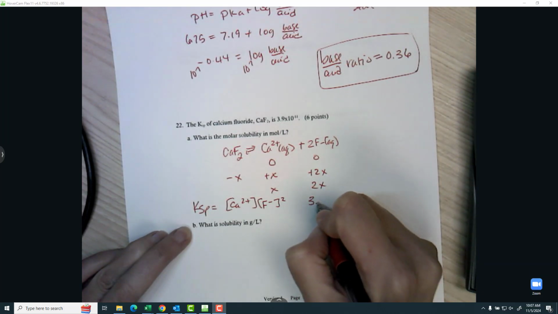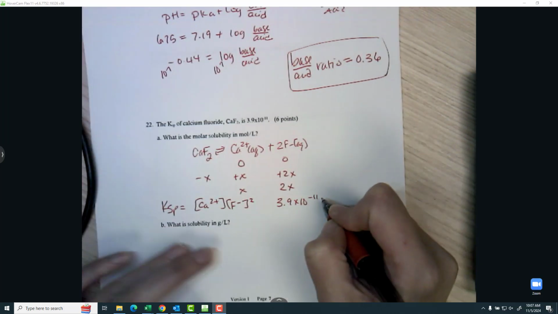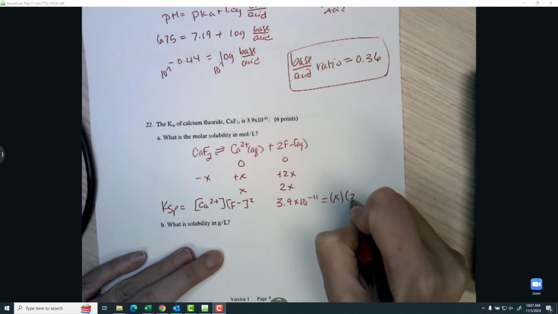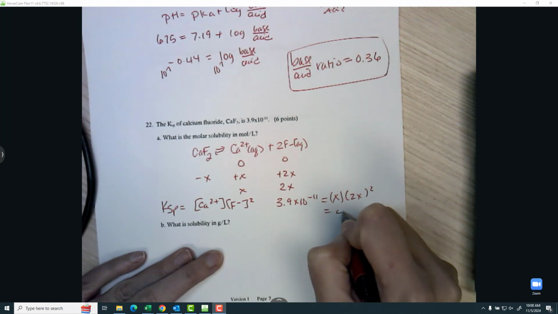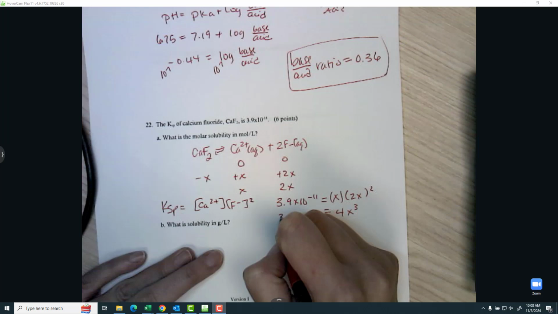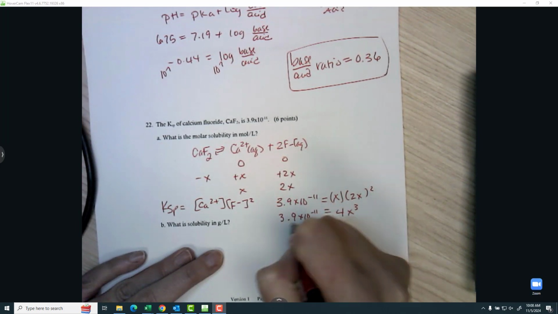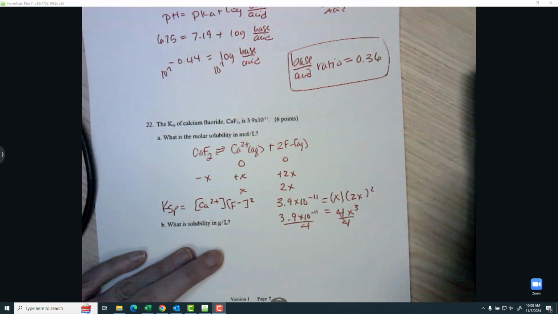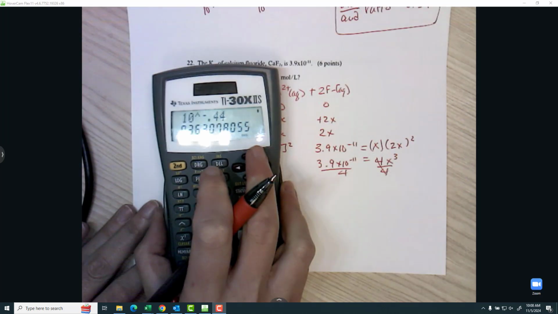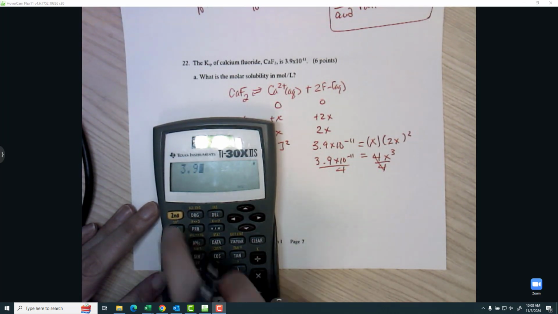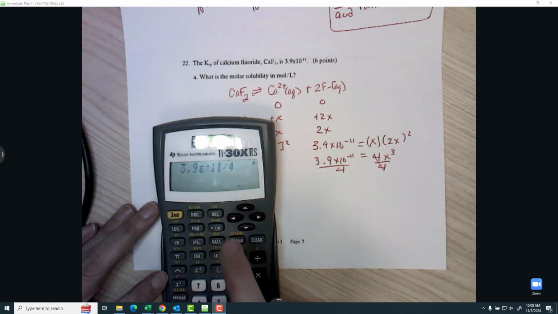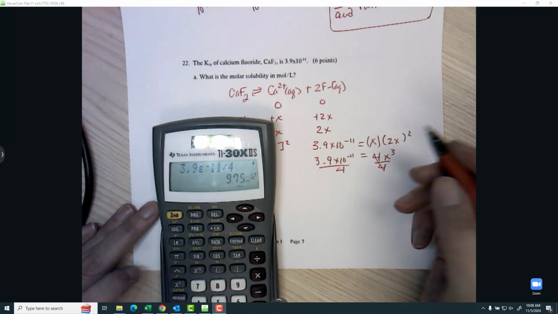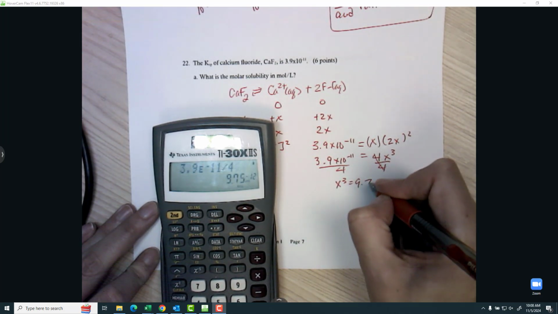This time I do know the Ksp, 3.9 times 10 to the minus 11th, and so then that would be x, and then 2x squared, which remember that's 4x cubed. Divide both sides by 4. And I get x cubed. Then I can take the cube root.